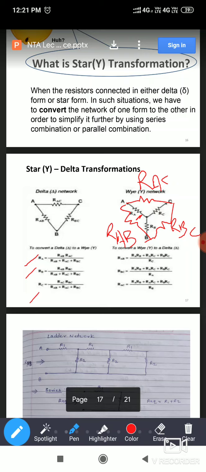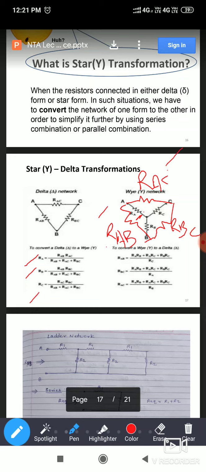RA is equal to RAB. जर लॉजिक तुम्ही लक्षात ठेवाल, RA जर घेतलात तर RAB आणि RAC त्याच्या साईडचे बघायचे, त्याचा प्रॉडक्ट घ्यायचा न्यूमरेटर मध्ये. ए पॉइंटला RA सोडून दुसरे कुठले दोन रजिस्टर आहेत?